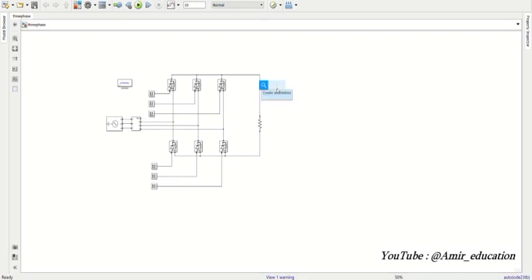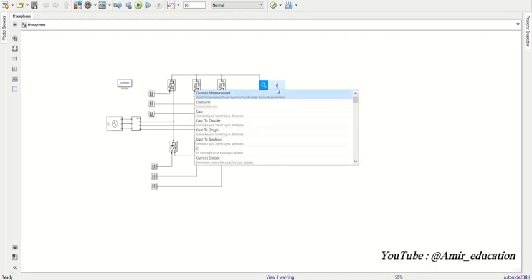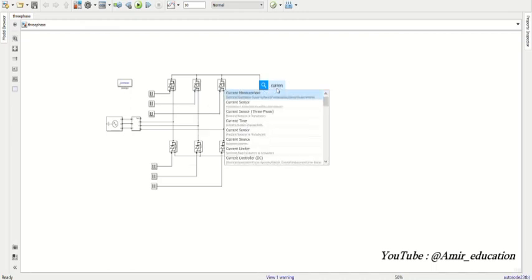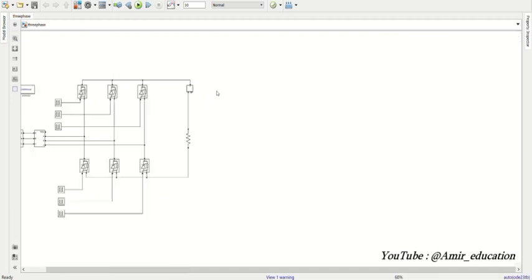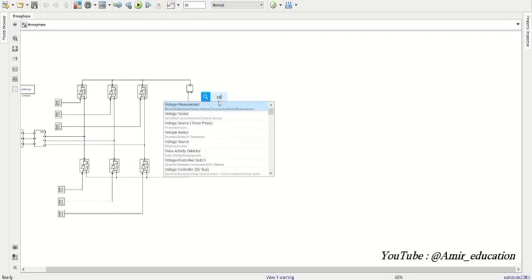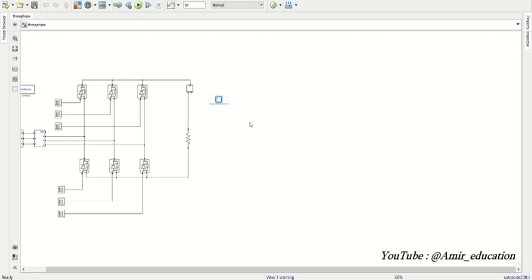So now let's add a current measurement. I would like to put it here. Fine. Let's add a voltage measurement.